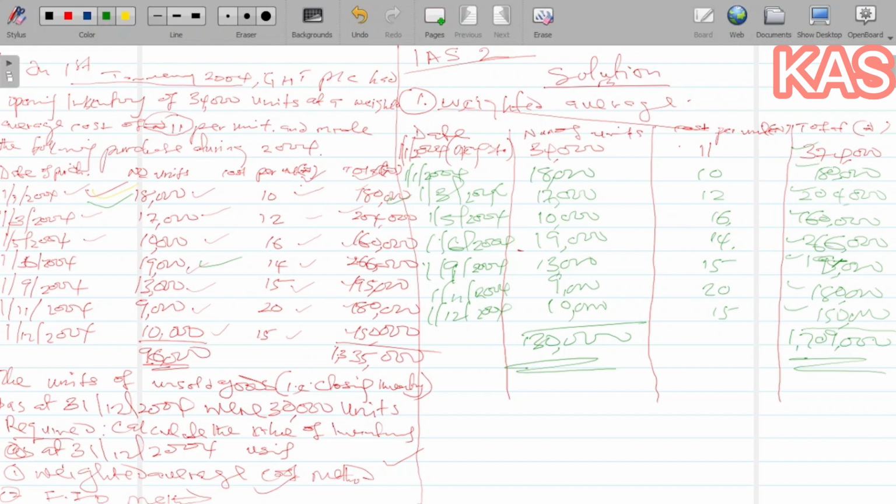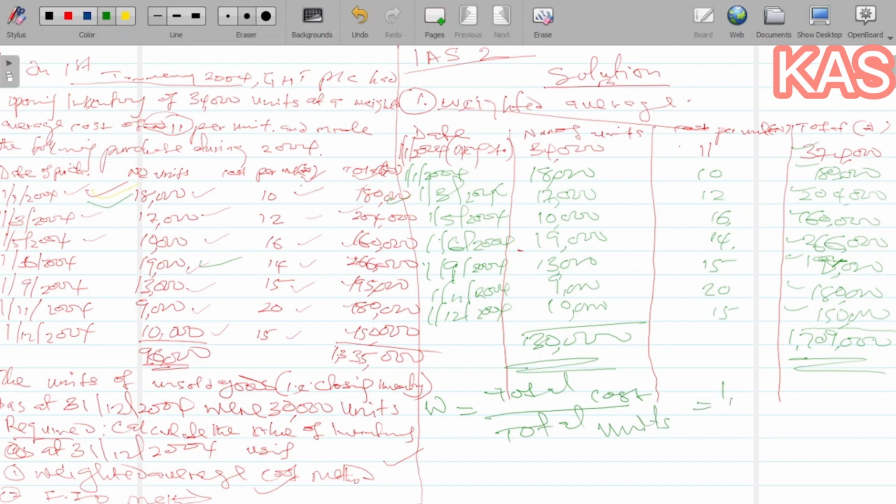So now, what is our weighted average? The formula for weighted average is the total cost of all inventory, including the value of opening inventory, divided by the total units of all inventory, including the opening inventory. So what is our total cost here?